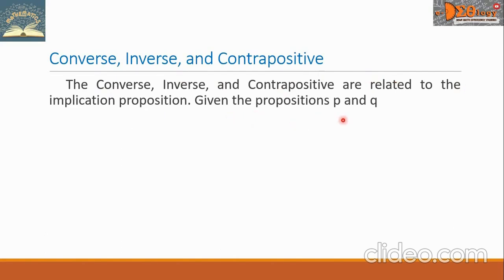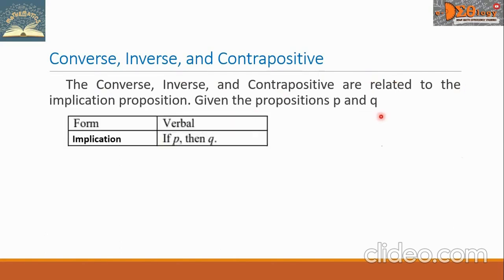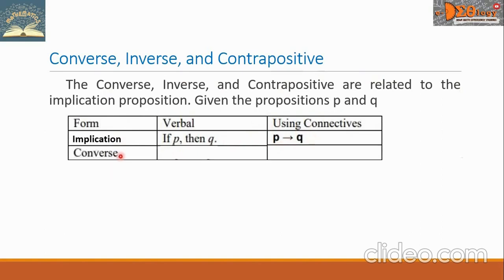Given the propositions P and Q, the implication is if P, then Q. In symbol, we write P implies Q. Now the converse is given as if Q, then P. In symbol, we write Q implies P.